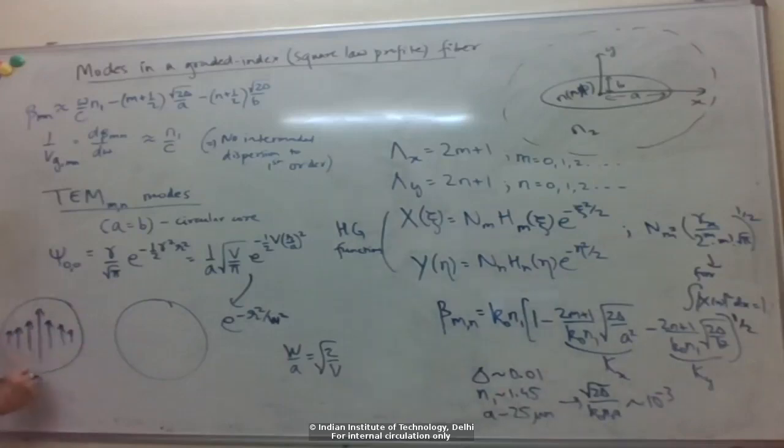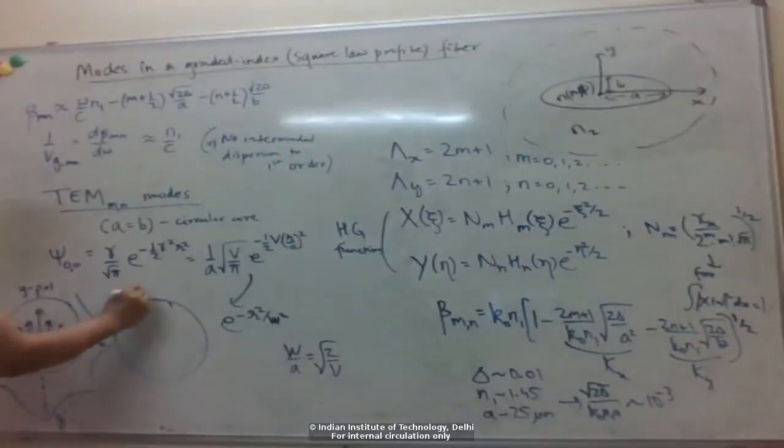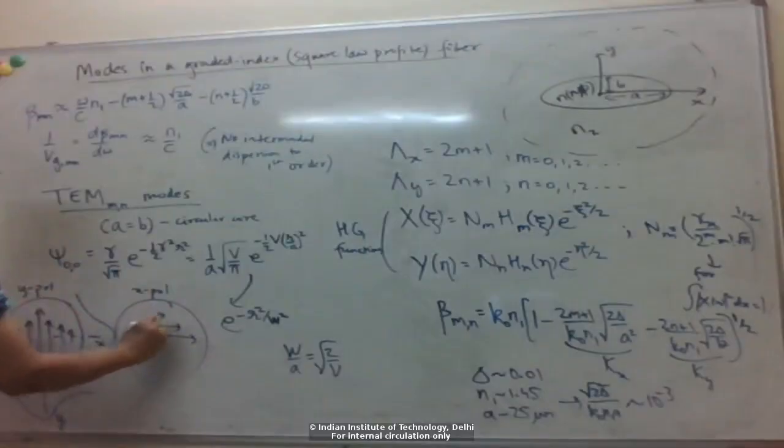The mode profile looks like a Gaussian in radial coordinates. You can take any direction, any radial coordinate, and it will look like a Gaussian. This will be the y polarized mode. You also have a degenerate x polarized mode.